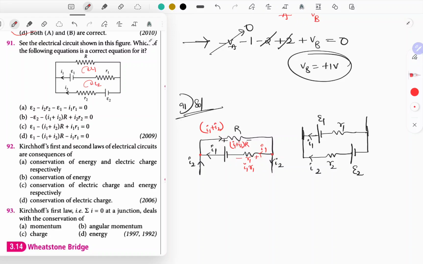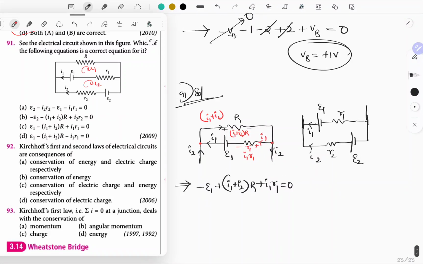Okay, let's apply KVL for loop 1. You can start from anywhere. Let's say this is E1, right? Minus E1 plus (I1 plus I2) into R, next plus I1 R1 is equal to 0. This is one equation from loop 1.